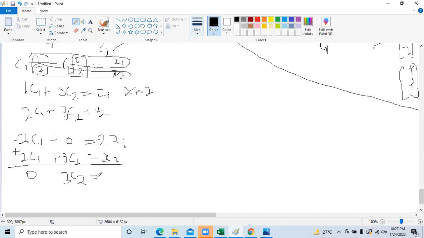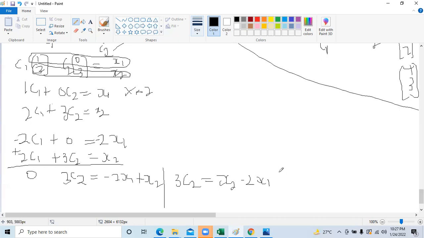Equals this plus this. That will be minus 2X1 plus X2, which is better written as 3C2 equals X2 minus 2X1.